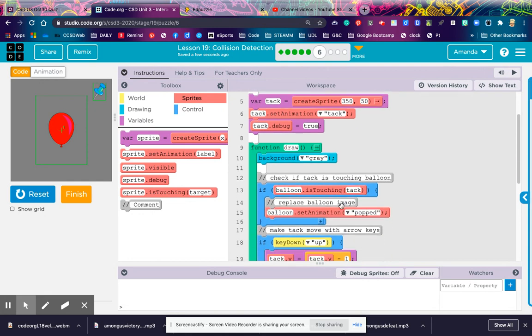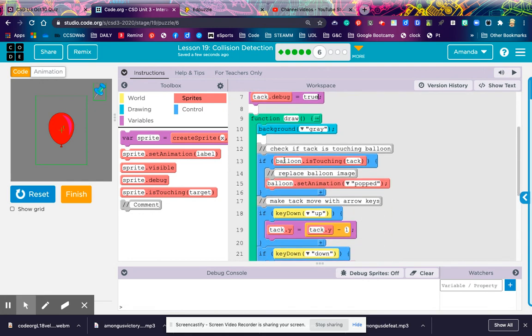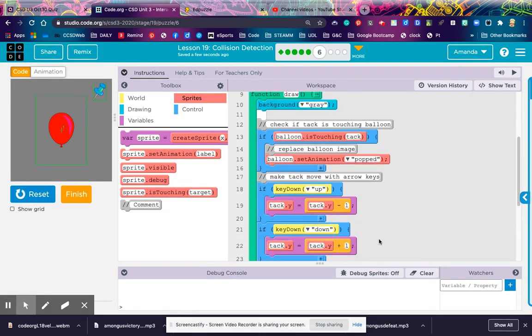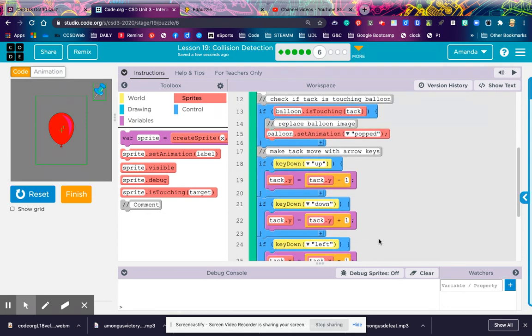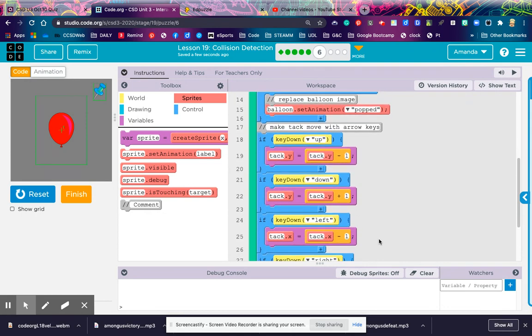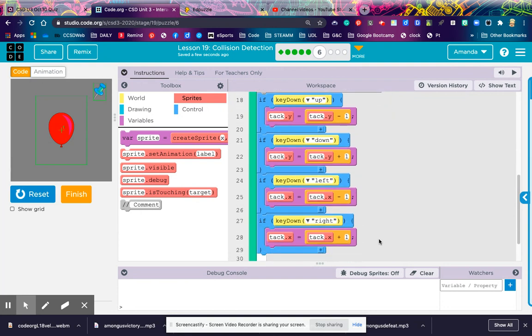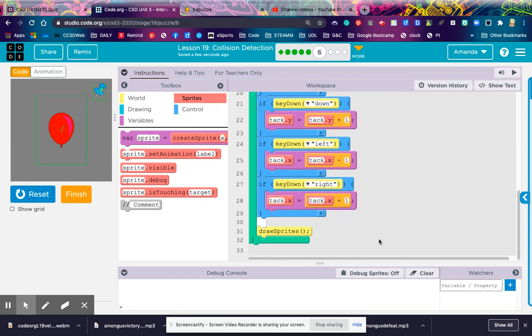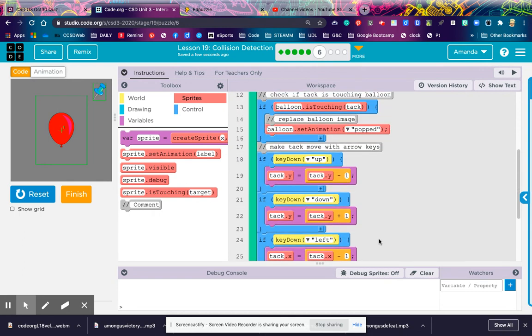So if balloon is touching tack, then balloon will be popped. If key down, tack moves down. If key up, tack moves up. Down moves down, left moves left, right moves right. Okay.